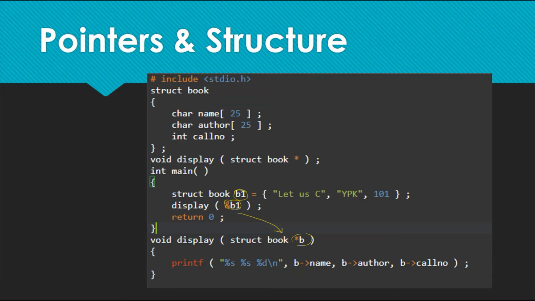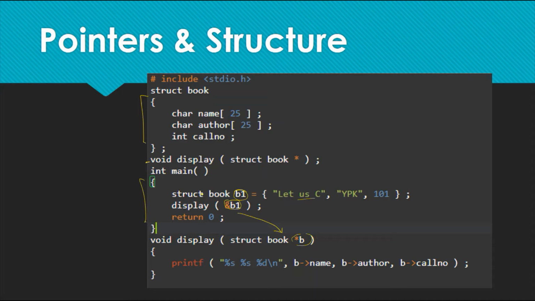Okay, so let me again explain the entire code. First is a struct book. We declare a structure with the name, author, and call number. And here we have declared the prototype. And here we have the main. Inside the main is the B1 variable that is a struct book that we have already defined, with the values C, YPK, and 101.